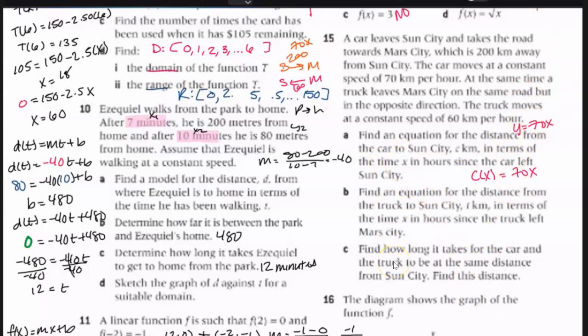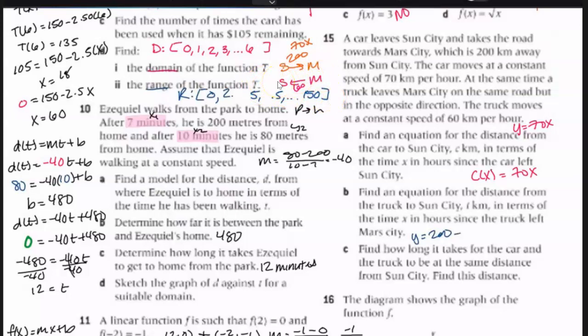For part B, it's slightly different because B is the truck and you want to measure the distance from the truck to Sun City in terms of time since the truck left Mars City. In this case, my starting point, we are not starting in Sun City. We are starting in Mars City. So my starting point in this case is we're starting 200 kilometers away. And as time goes on, I'm getting closer to Sun City.